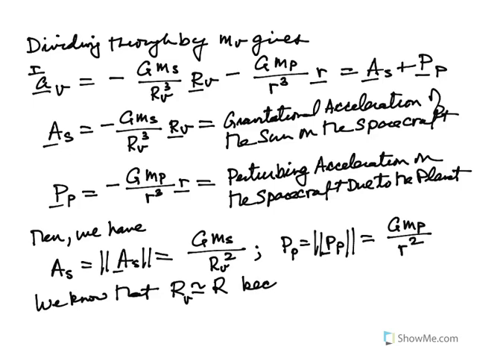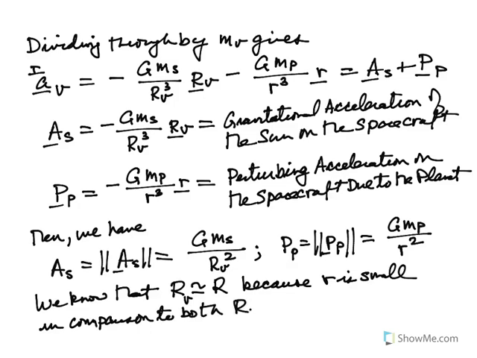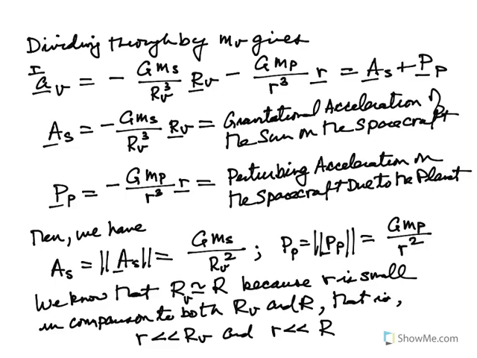That's because little r is small in comparison to both R_V and R. So what I mean by that is that r is much, much less than R_V, and r is much, much less than R. So because of that, we can approximate A sub S, which remember is the magnitude of that acceleration.